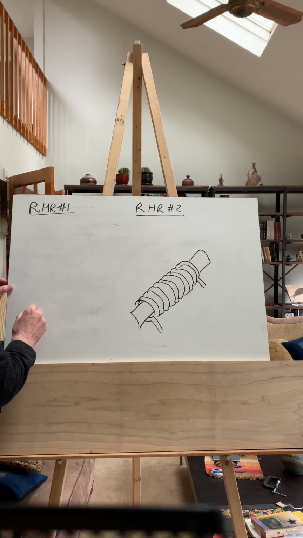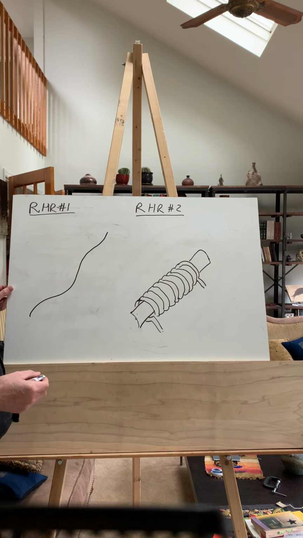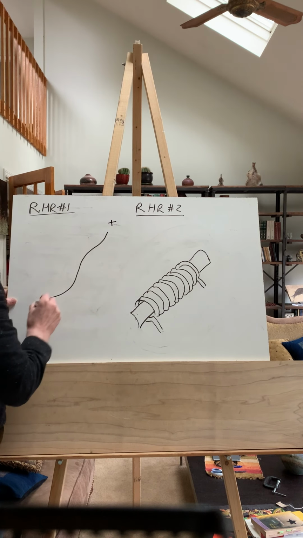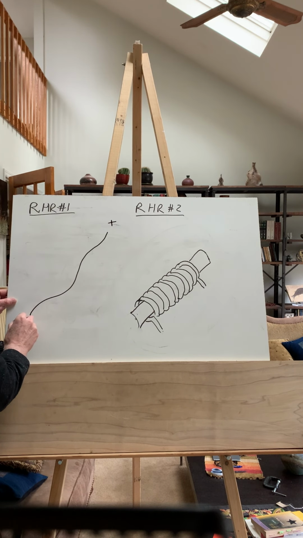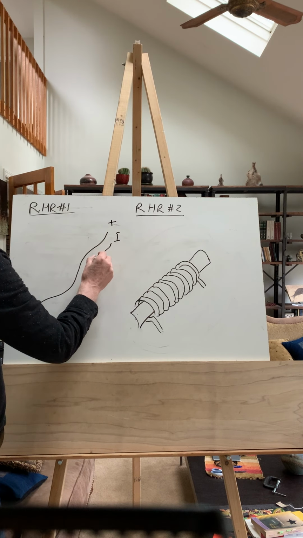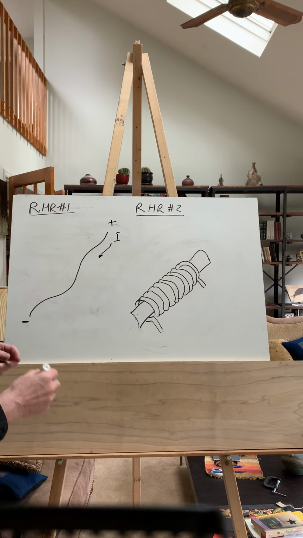Now, right-hand rule number one is for a long, straight, individual wire. And we're going to determine the current of that by how we attach our terminals. So we can see here that the current is going to be in this direction, but it's going to follow the wire. It'll be tangent at all points.